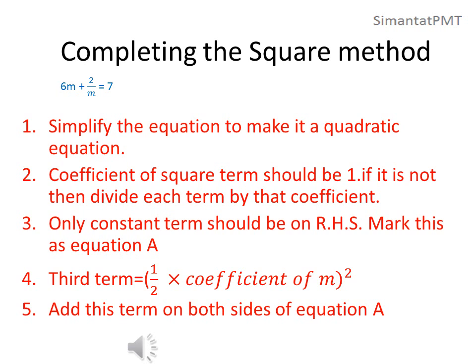Only constant term should be on the right hand side. Mark this as equation A. Next, fourth step. Third term equal to half into coefficient of m the whole square.